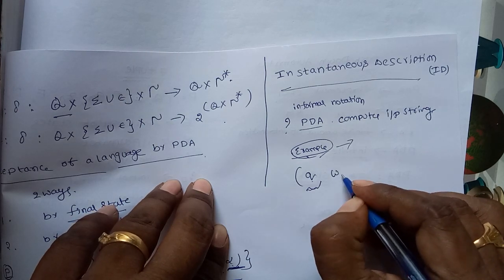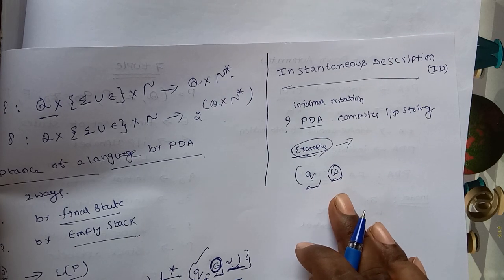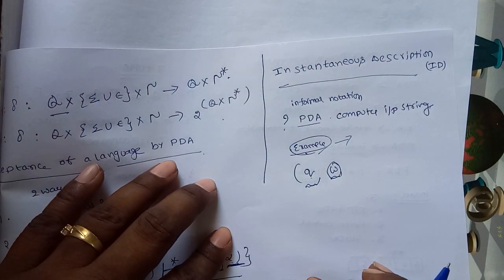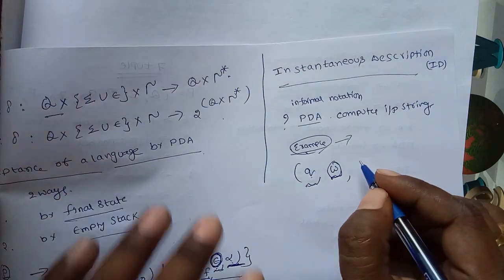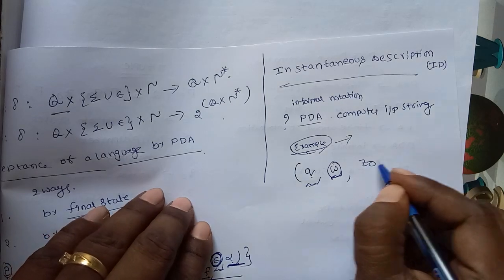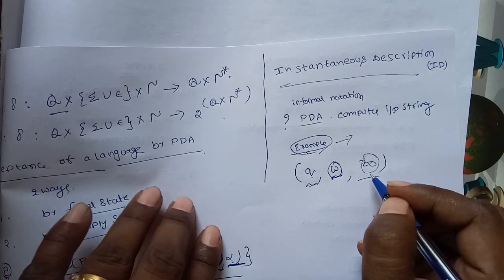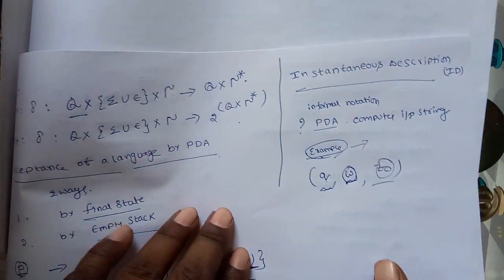W is the input string, and step by step this W reduces. Whenever we move from one transition to another, the value of W reduces, that is, the remaining alphabets. And Z0 describes the stack top. This is the instantaneous description.